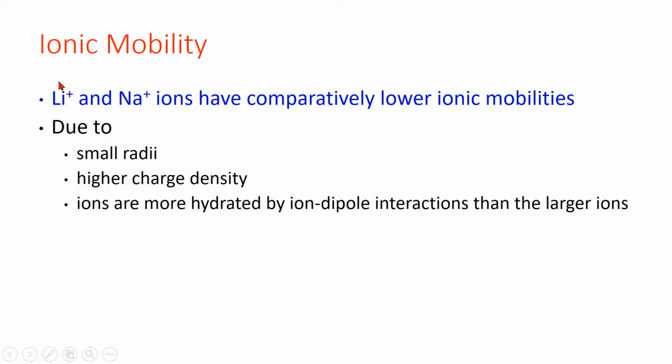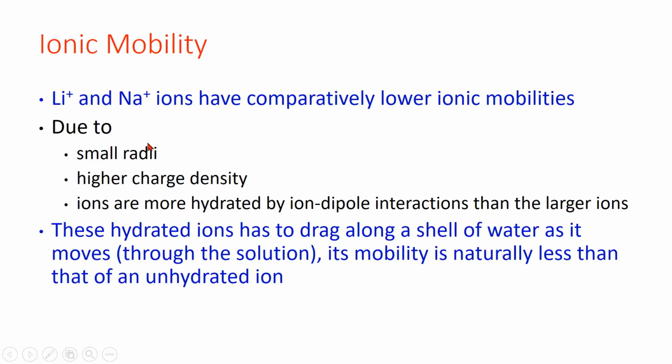Ions are more hydrated by ion dipole interaction than the larger ions. These hydrated ions have to drag along a shell of water as they move through the solution. Its mobility is naturally less than that of an unhydrated ion.